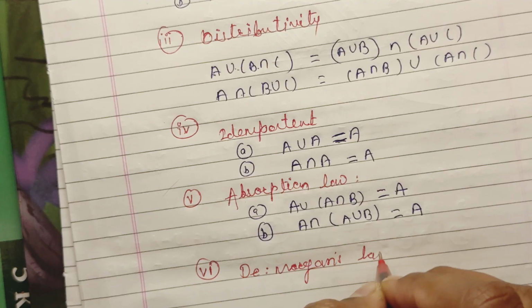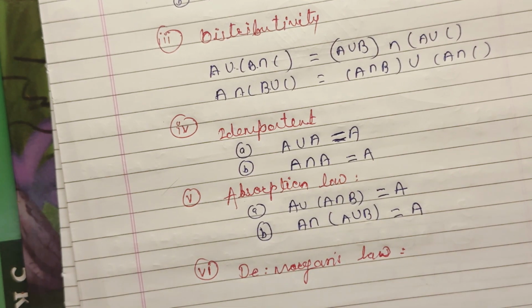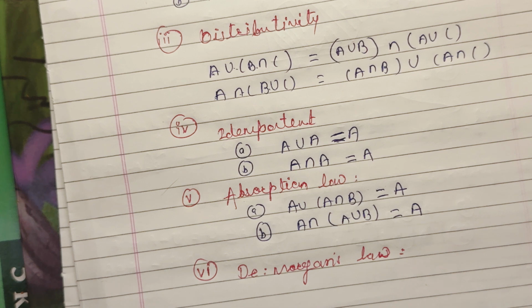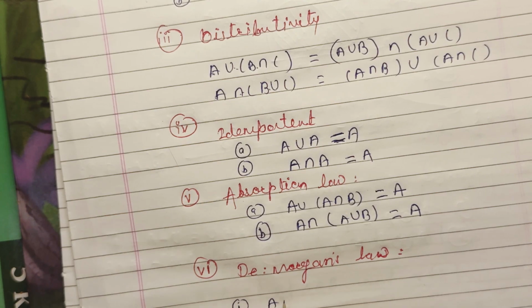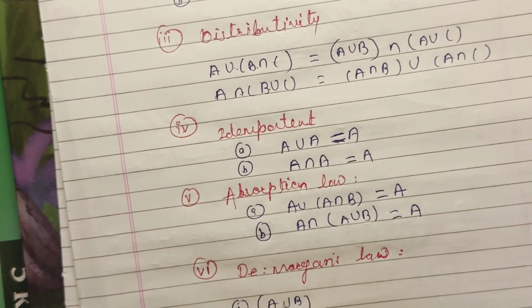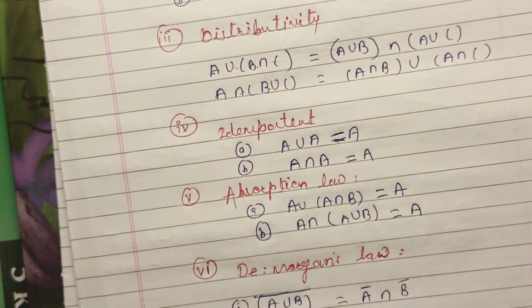De Morgan's law. These are very famous laws, guys, mostly used in our mathematics. The first De Morgan's law says that A union B complement is A complement intersection B complement.